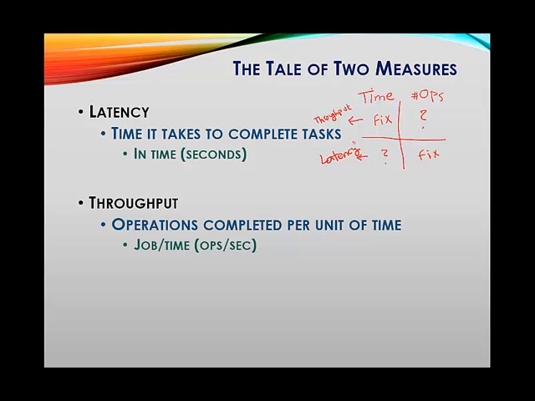If you look at a serialized process, that would make sense. If you have one serial processor, and you give it one operation to complete, and it sends out one completed result faster, if you give it two operations in a serialized manner, you expect the amount of time that it takes for them to be completed to be shorter. That makes sense. But this is not the case when we talk about parallel processing.